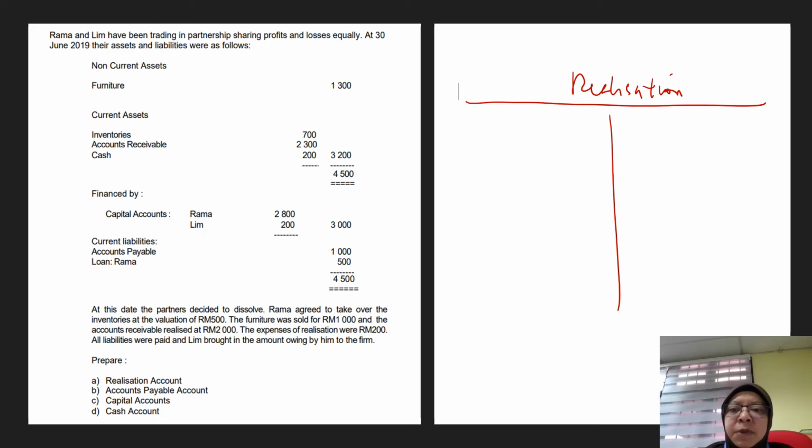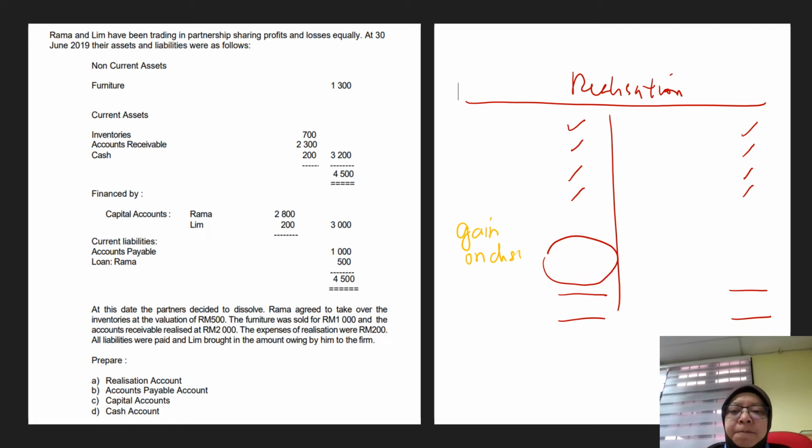Suppose after you have considered the transactions on the debit side and the credit side, you get a balancing figure on the debit side, so it shows that this is a gain on dissolution, and if the balancing figure is on the credit side, this is a loss on dissolution.